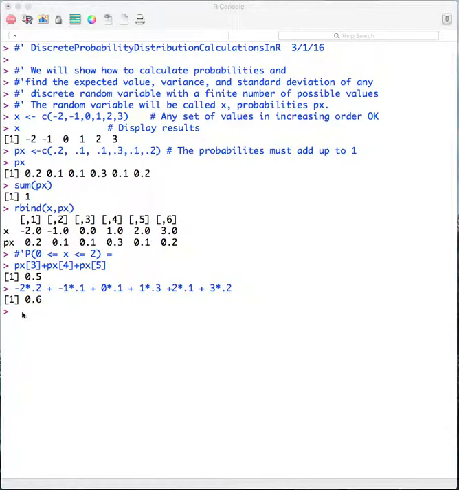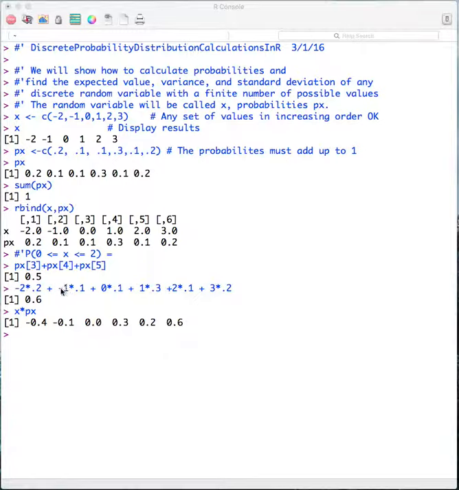Now, if we've defined x and px as vectors, we can actually calculate expected value pretty easily. And this corresponds to the vectorization of some operations in R. Number one, suppose we have 2 vectors called x and px, and suppose we multiply them together. Watch what happens. Now, if you look carefully, the -0.4 is -2 times 0.2.